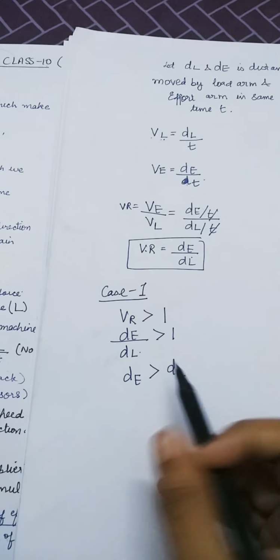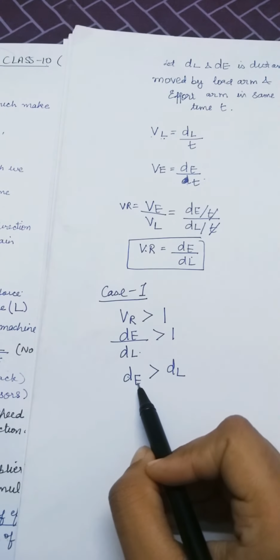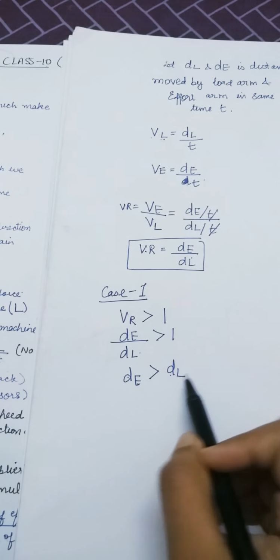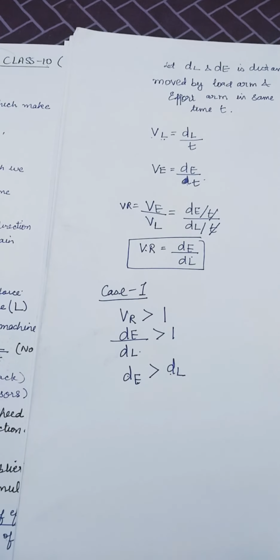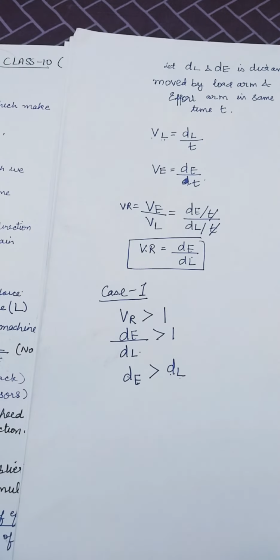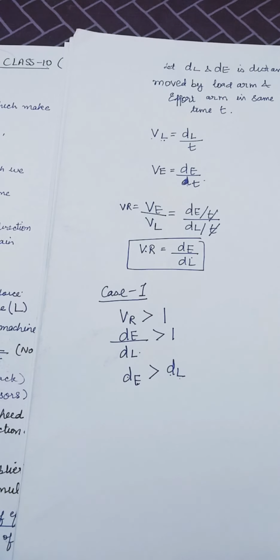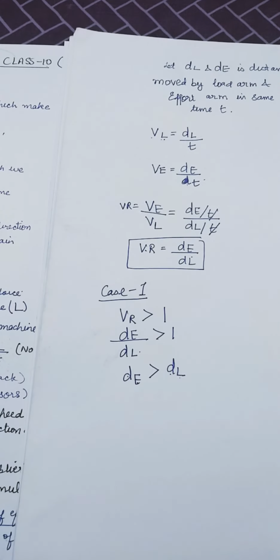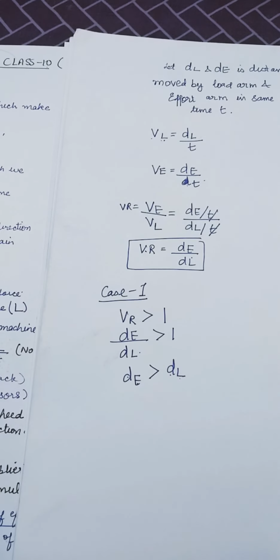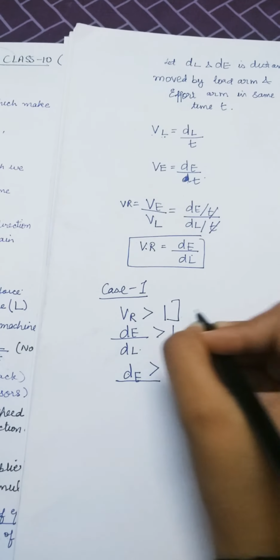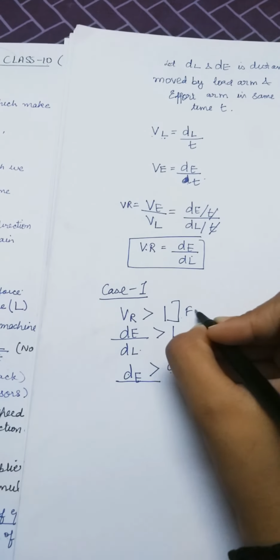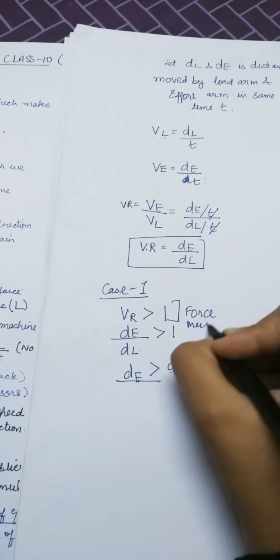It means the distance moved by the effort arm is more compared to the load arm. मतलब we have to apply effort with a greater speed compared to the load. For example, if you pick up a car with the help of a jack, तो jack हमें ज़्यादा प्रेशर से, मतलब ज़्यादा एफर्ट लगाना पड़ता है जैक पे compared to when the car moves up. So as a result, in this condition your machine will act as a force multiplier.